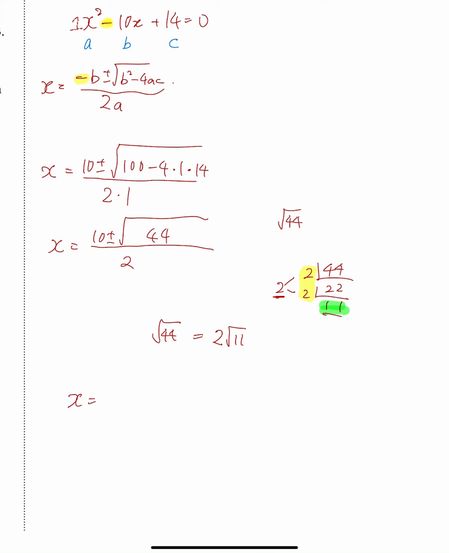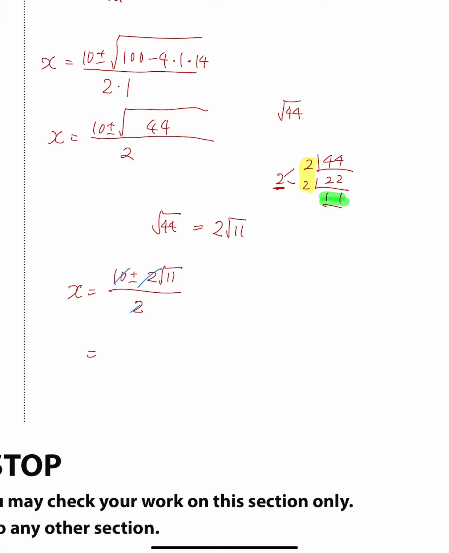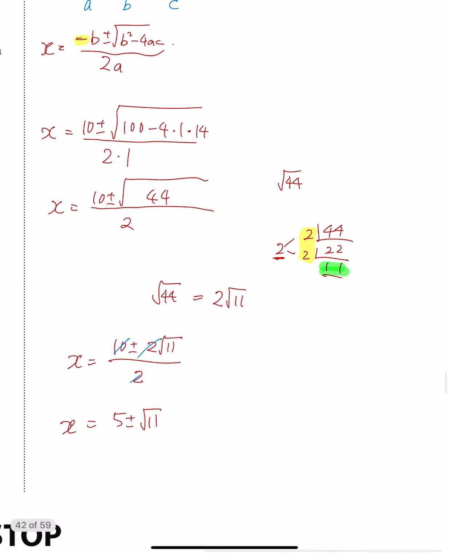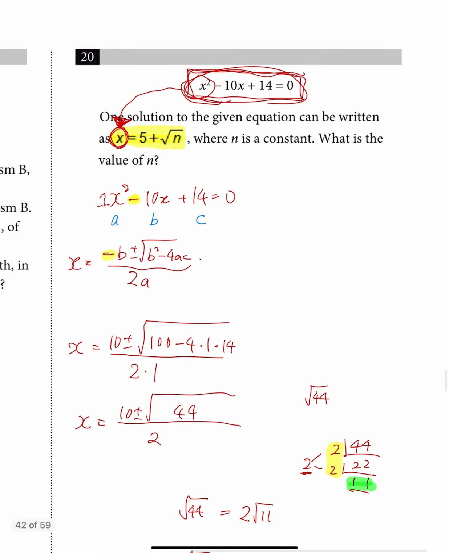So you have x equals 10 plus minus 2 root 11 divided by 2. Then you can cancel these two. 10 divided by 2 is 5, plus minus 2 divided by 2 is 1, so only root 11. If you go back to the beginning, you have 2 here.